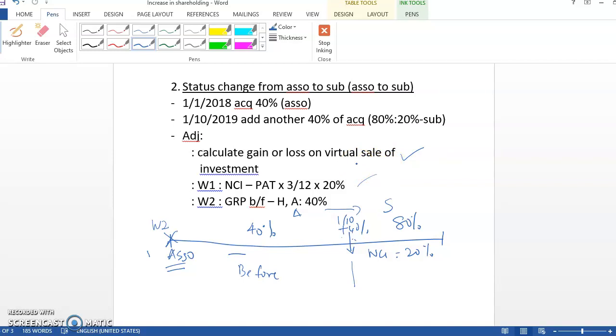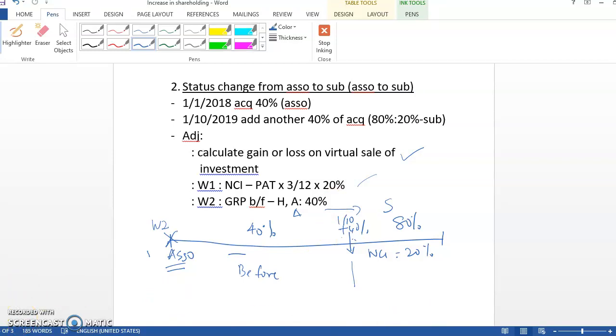That one you can refer to chapter 16 from your textbook, example 14. You can try to do from the textbook. So this is where we have piecemeal acquisition in the SOPI and SOPL. Before that, I forgot.